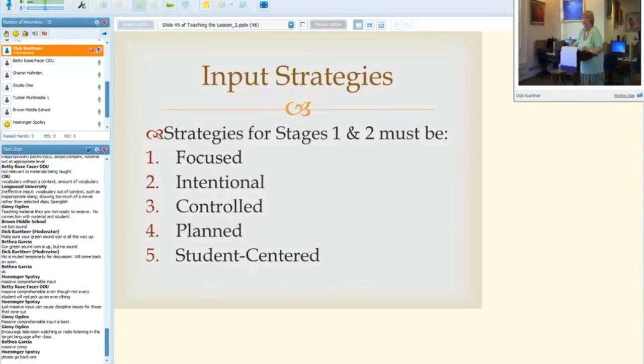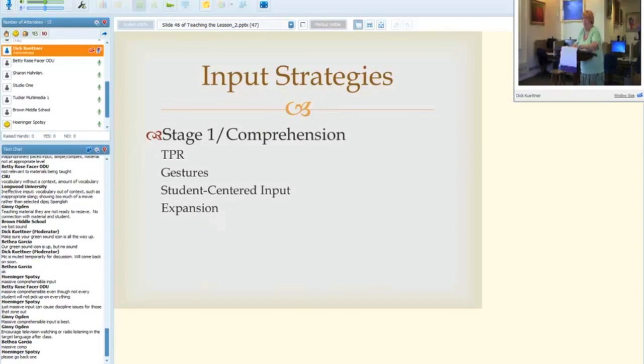And now our strategies. For stages 1 and 2, comprehension and early speech, everything needs to be focused and intentional and controlled. It needs to be planned, and it needs to be student-centered. It needs to be interesting to them. And I'm going to come back to that one with an example.